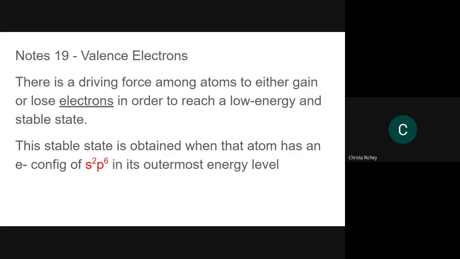This is P6 all the way on the right, with the exception of helium. Helium is the exception to the rule. That's what makes them inert, stable, non-reactive. There's all different kinds of phrases that we could use for a noble gas electron configuration.